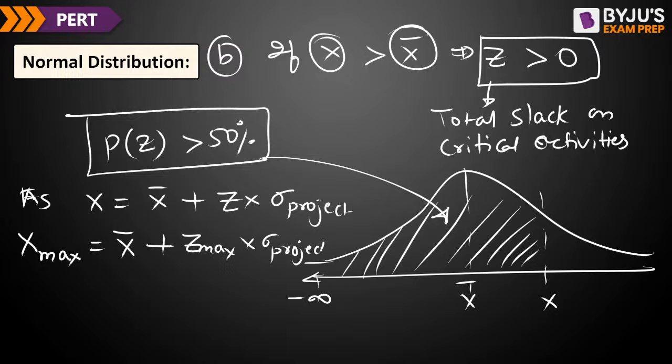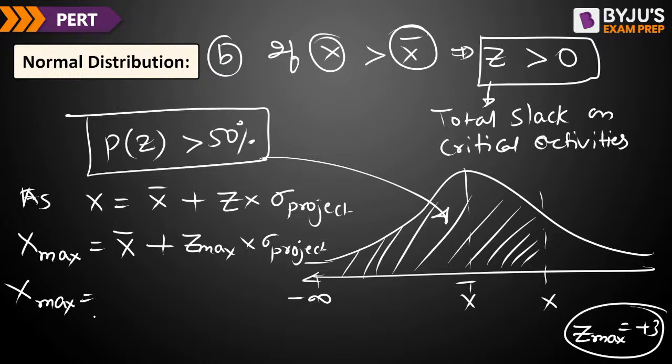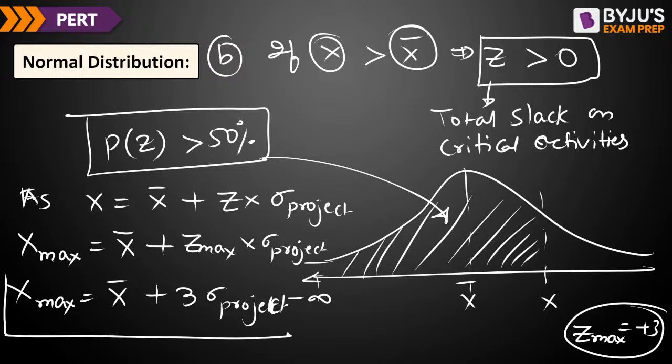And what is the maximum value of z? Z maximum is plus 3 sigma. Z maximum is equal to plus 3. So we can say the maximum time by which a project can get completed is x bar plus 3 sigma for that. That is the maximum time in which the project gets completed.